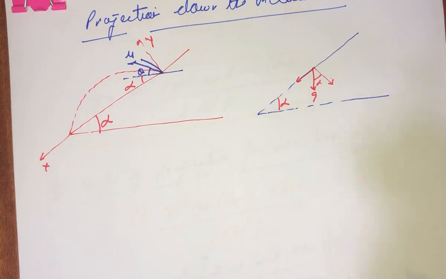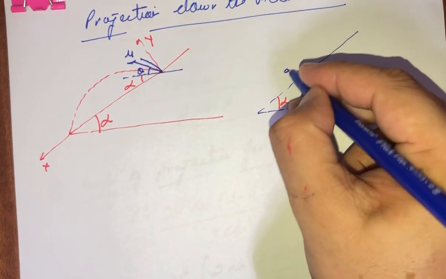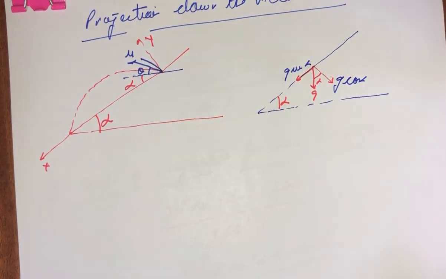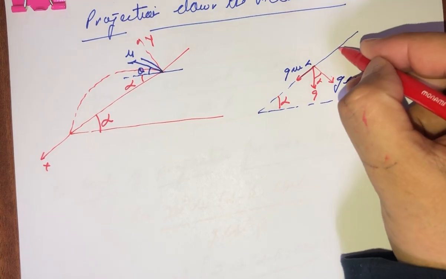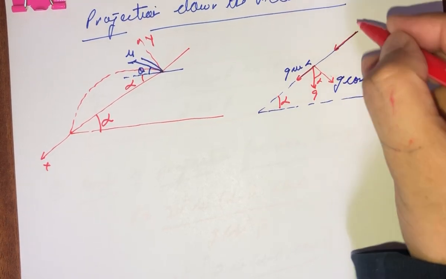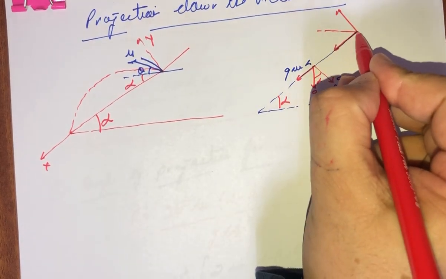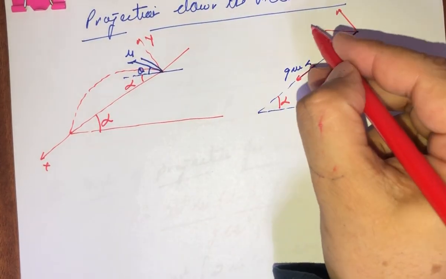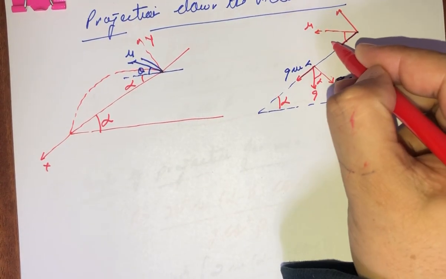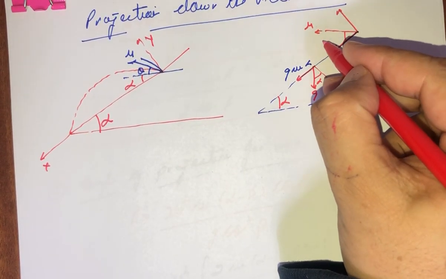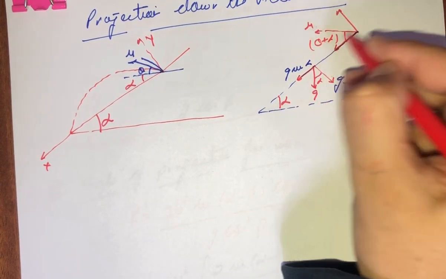So first will be g cos alpha, this will be g sin alpha, and we have two components of velocity, one in this direction and another one perpendicular. So this is our u, and this angle with the inclined plane is alpha plus theta, here theta plus alpha.